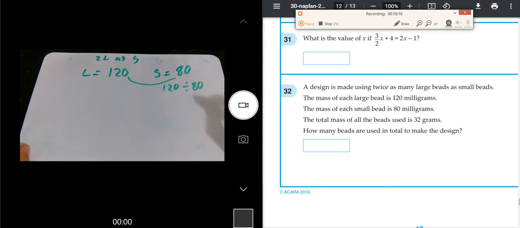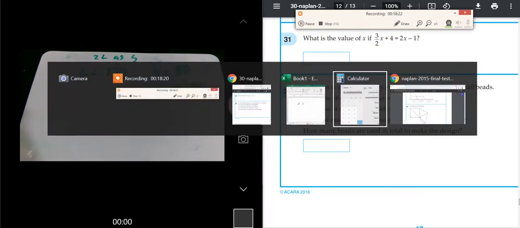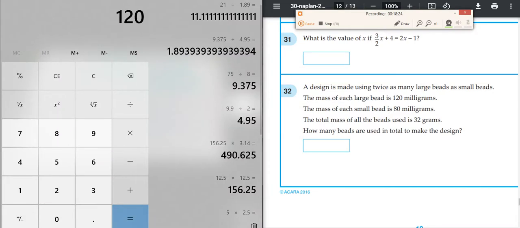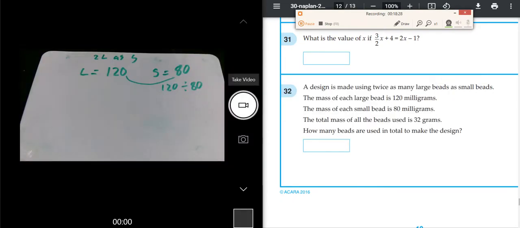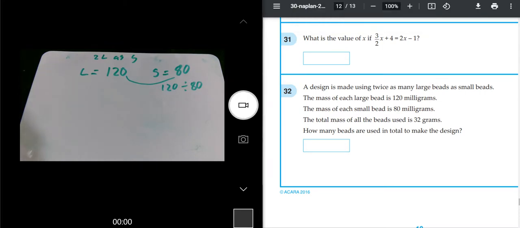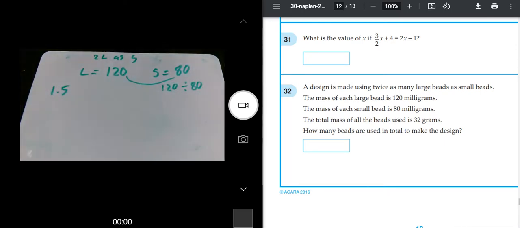It gives you 1.5, which your calculator can confirm. 120 divided by 80 equals 1.5. So it's 1.5 times as much mass. We'll use that number for a start. There's 1.5 times more mass. That's the mass difference between the two. But that's comparing one large bead to one small bead.